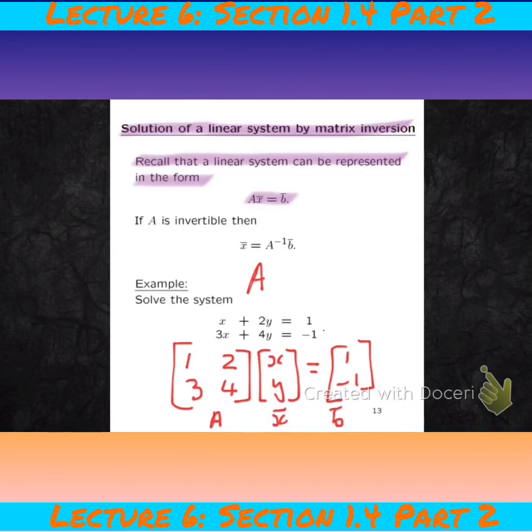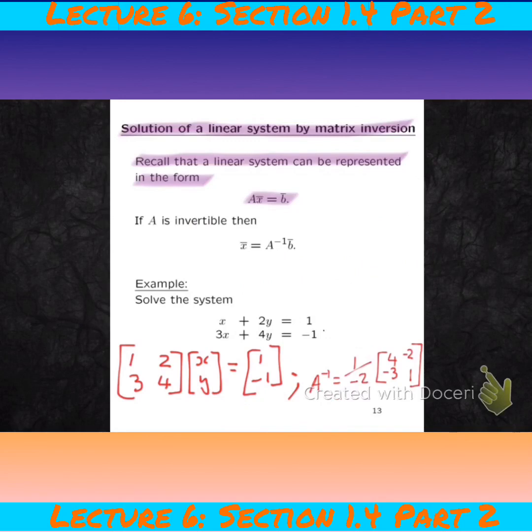So A's inverse is going to be 1 over the determinant, which is 4 minus 6, which is minus 2. We did calculate this: we switched 4 and 1 around, and we made the other entries negative. Okay, so that is the inverse of that matrix.